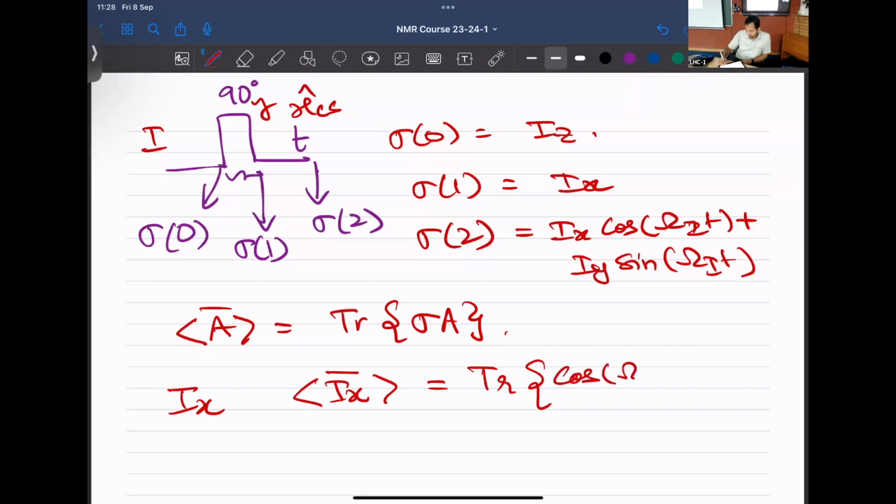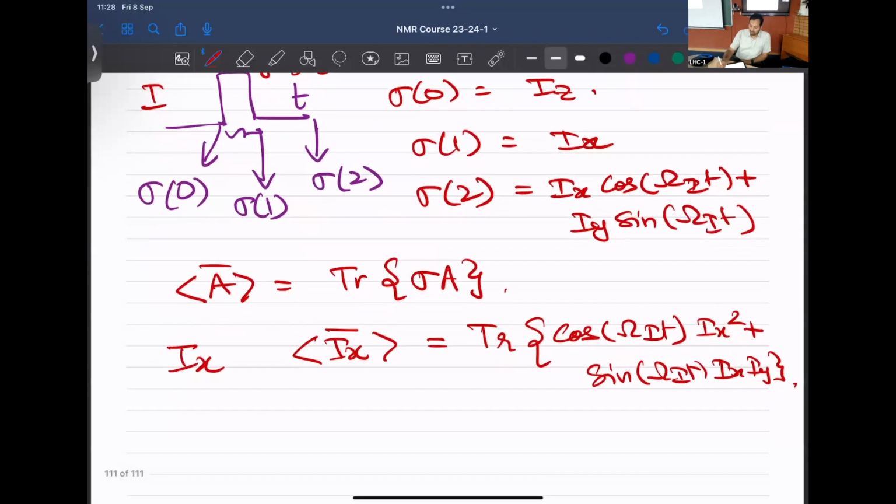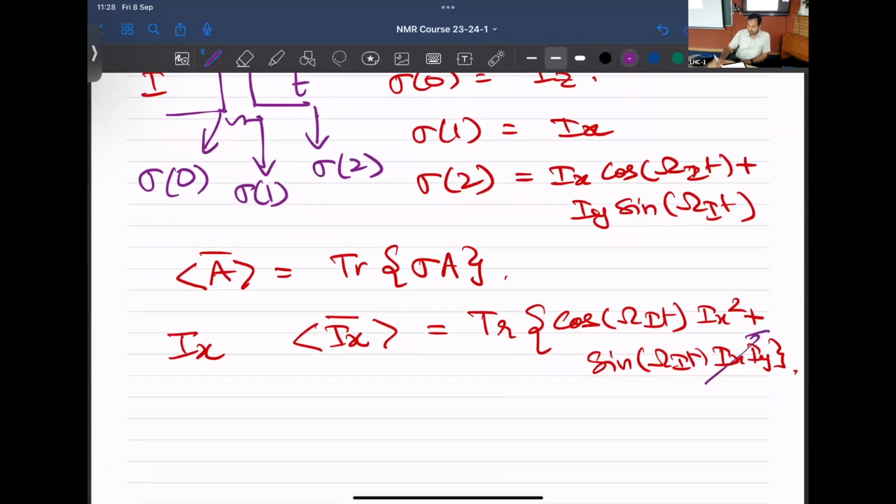So it's going to be cos omega it times Ix square plus sine omega it times Ix Iy. Is that correct? We all know for a fact, anything that is not the like term is going to go to zero. That matrix does not go to zero. The trace of the matrix goes to zero.